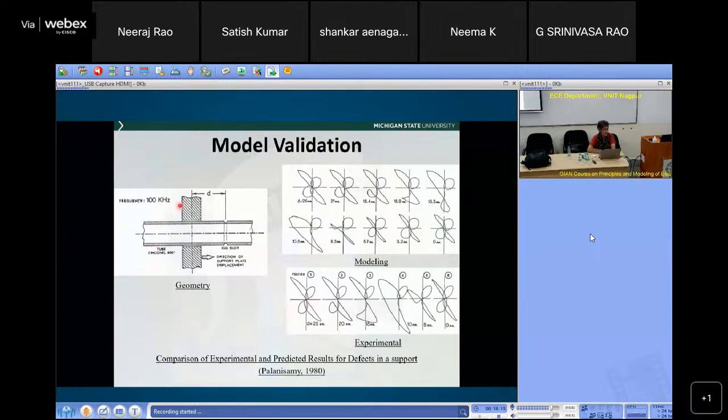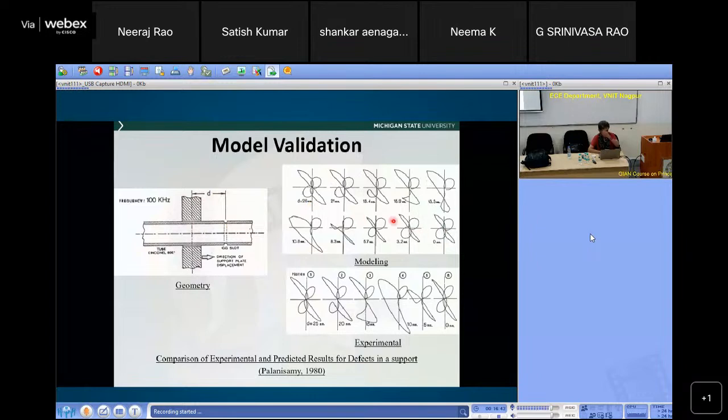So the geometry is this. You have a tube, and you have a defect here, and then you have a structure over here. Most realistic geometry will have some kind of a mechanical structure. It's not a defect, but it will produce a signal. And as you change the distance between the defect and this structure, your signal changes.